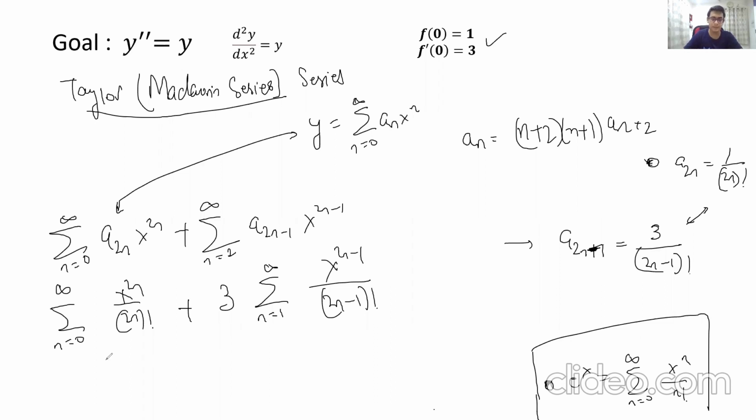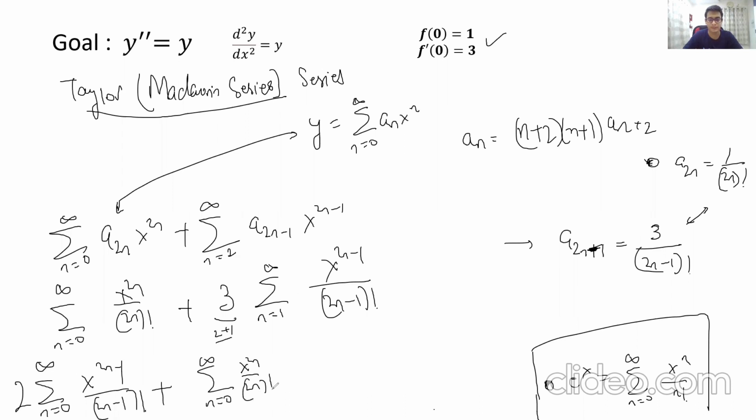Okay, so first of all, I'm going to separate out the 3 as 2 plus 1. So I'm just going to first write that it's going to be 2 times this sum x to the 2n minus 1 plus.